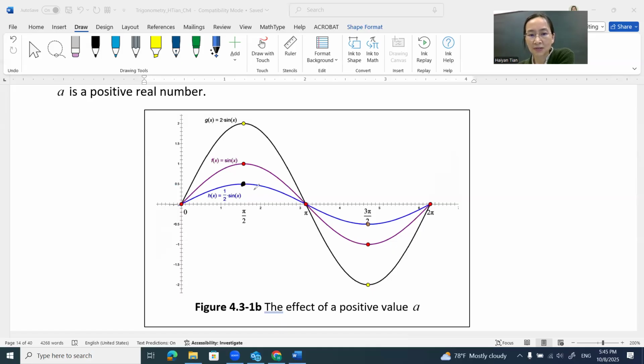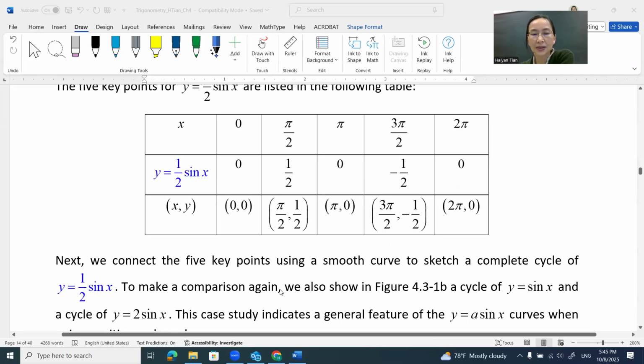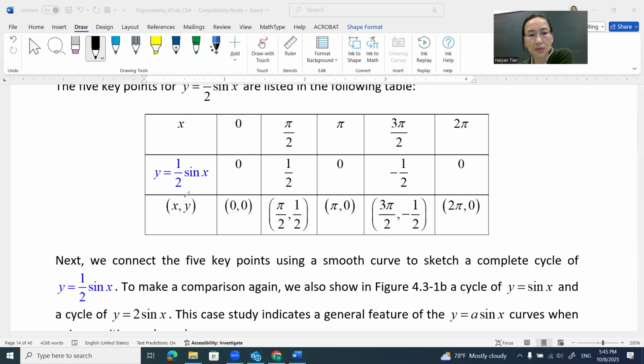You see the 3 functions. The largest function value for half of sine x will be half. The smallest will be -half. So using the 5 key points, we know the maximum for this function will be half and the minimum will be -half. It happens at pi over 2 and 3 pi over 2.